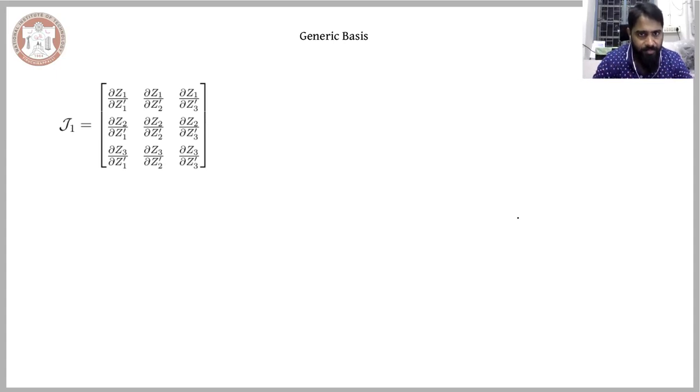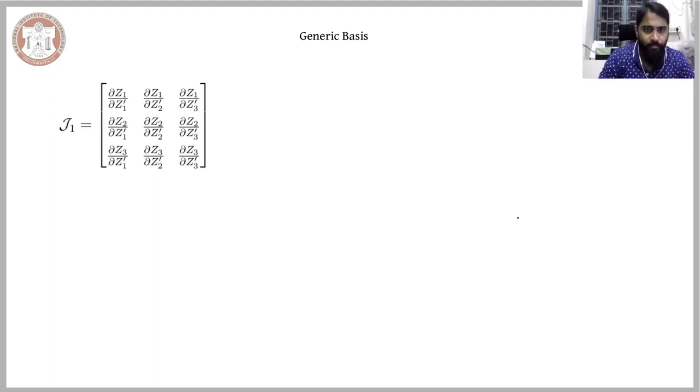To start off, let us consider two generic frames of reference and the Jacobian of one such frame of reference. We are going to consider how one frame of reference is going to change with another and express it in the form of Jacobian J1.